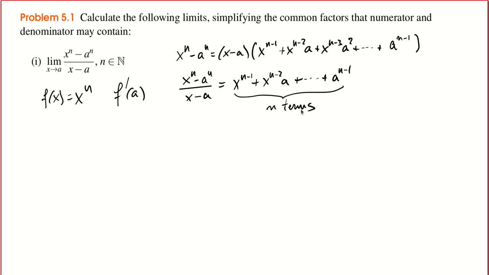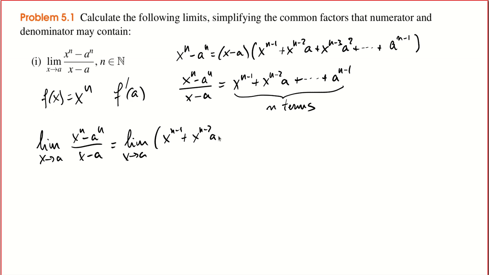So we calculate the limit of that polynomial, which is actually the limit we want to calculate, right? Let's say the limit of x^(n-1) plus x^(n-2)a plus so on, plus a^(n-1).